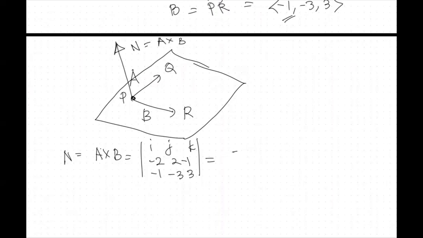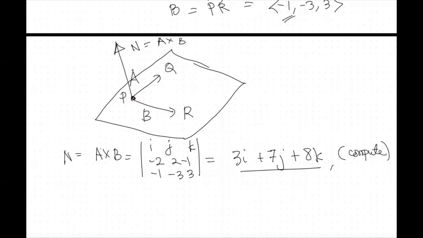Why 3i? Because 6 minus 3, this is negative 3 times negative 1 is 3. So 6 minus 3. And then plus 7j plus 8k. I will leave this to you for computation.